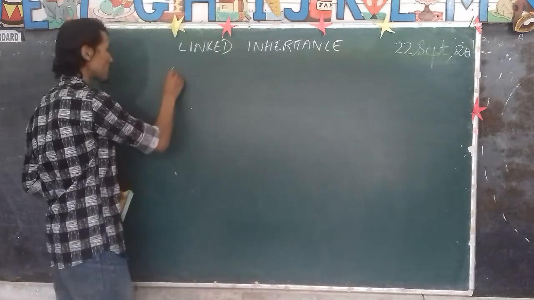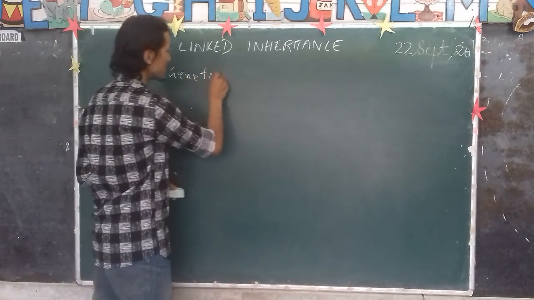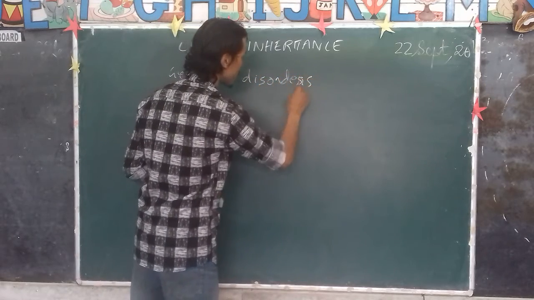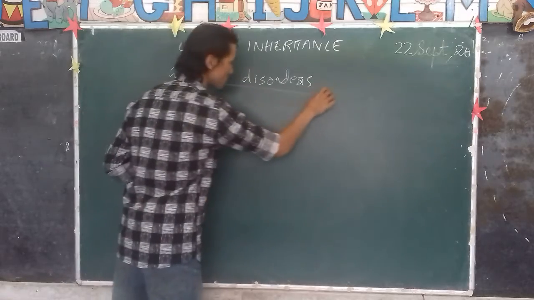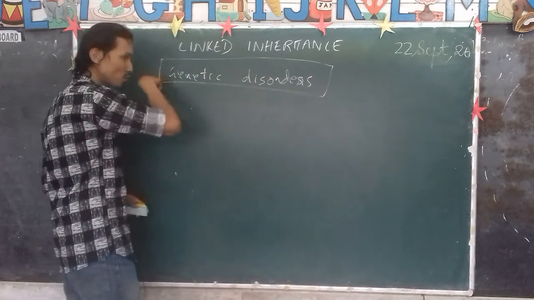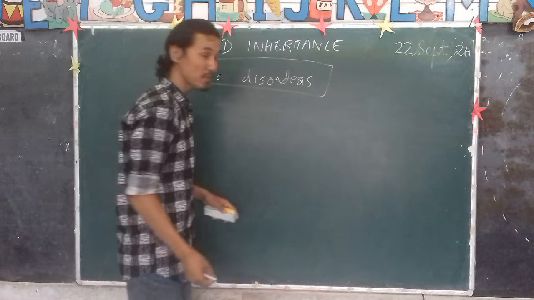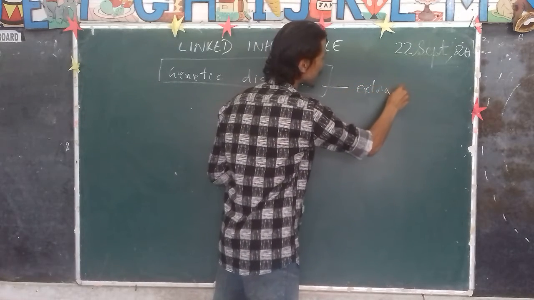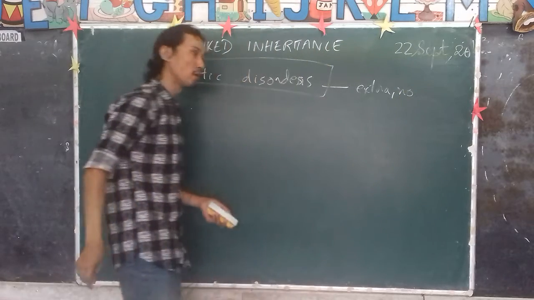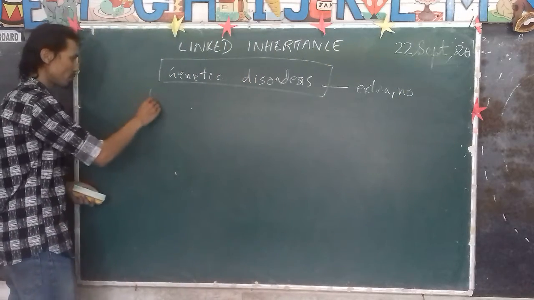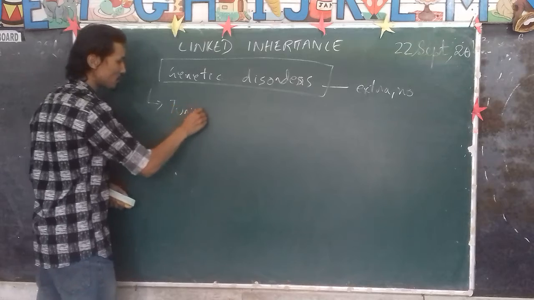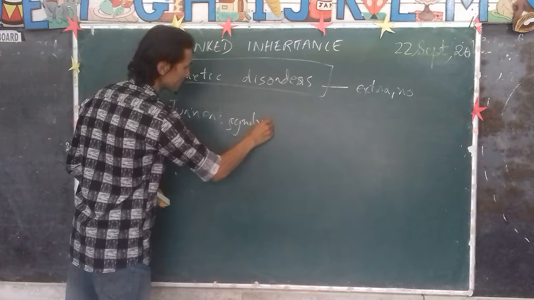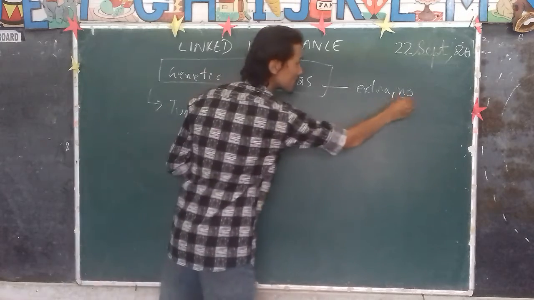So next thing is genetic disorders. That means disorders caused due to chromosomes, where there might either be an extra chromosome or no chromosome at all. So I already mentioned a few conditions like Turner's syndrome. In Turner's syndrome, one chromosome is missing.